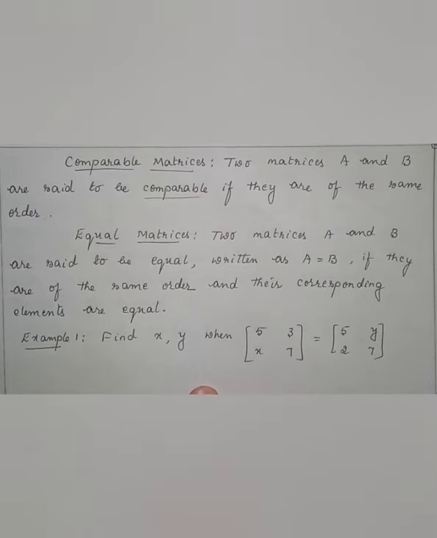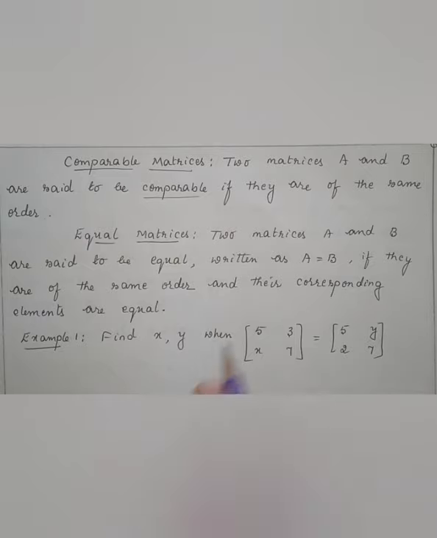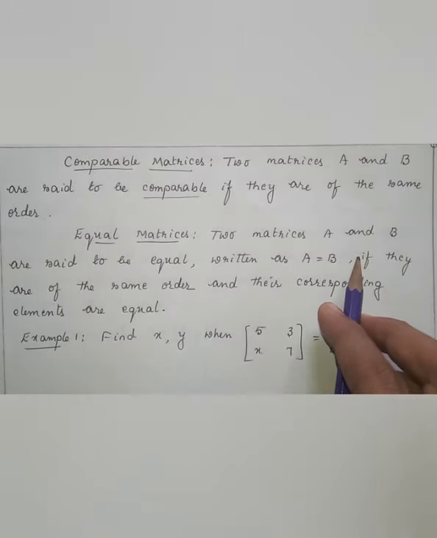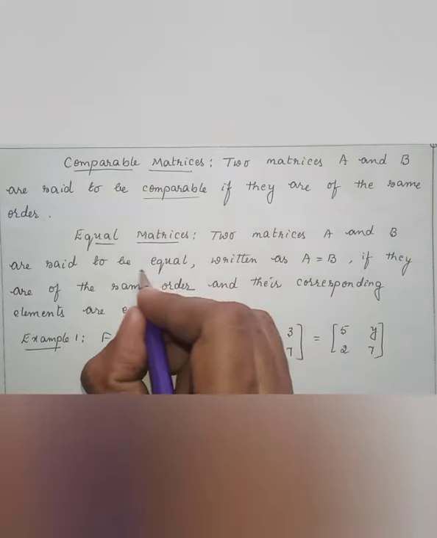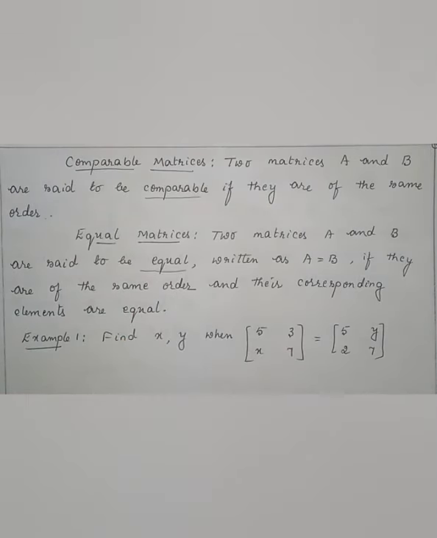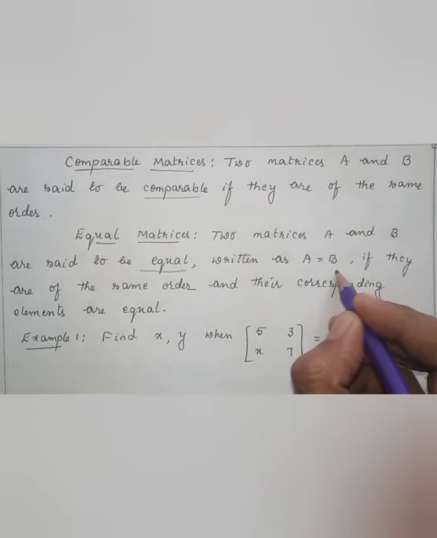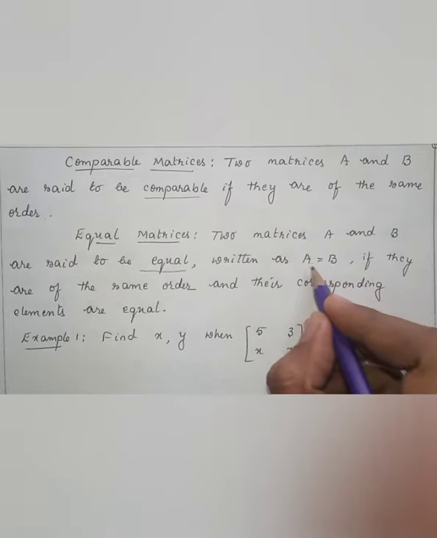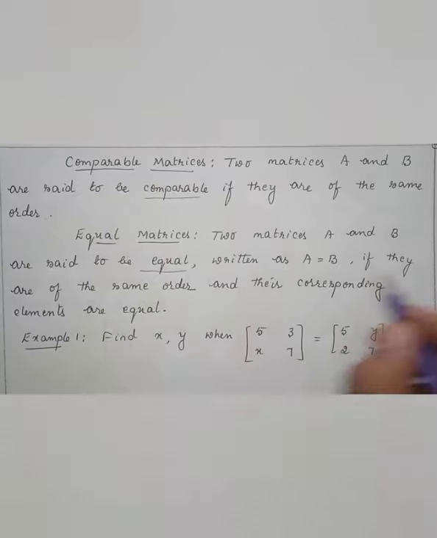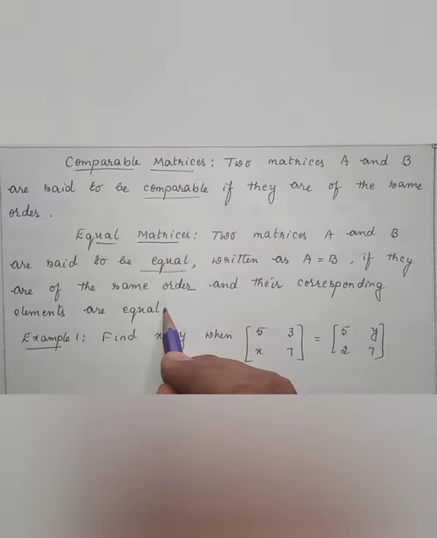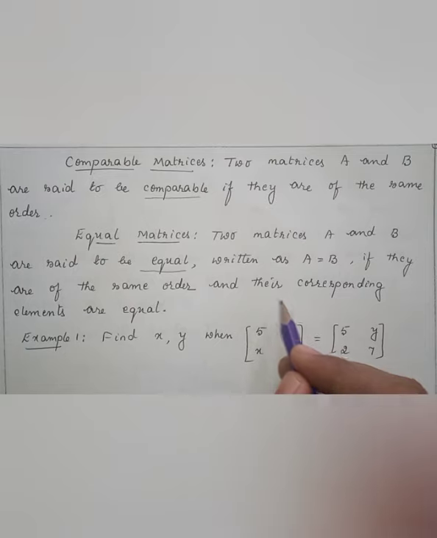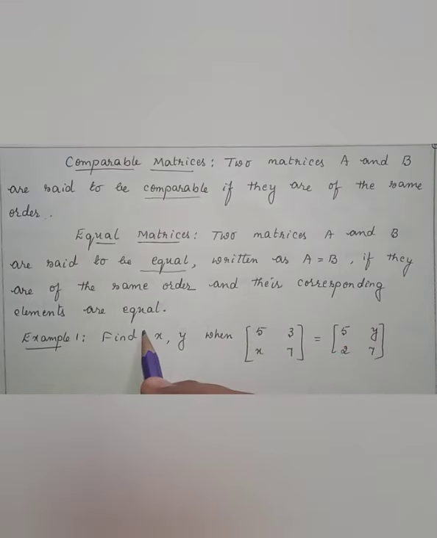Next, equal matrices. Two matrices A and B are said to be equal. We write this as A is equal to B, like X is equal to Y. Likewise, A is equal to B if they are of the same order and their corresponding elements are equal.